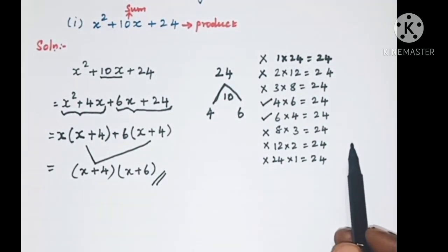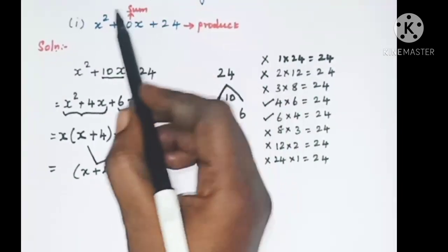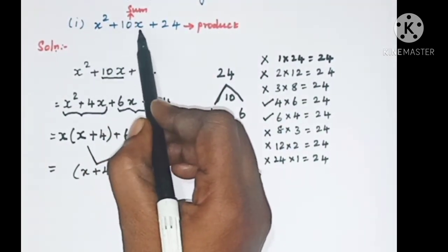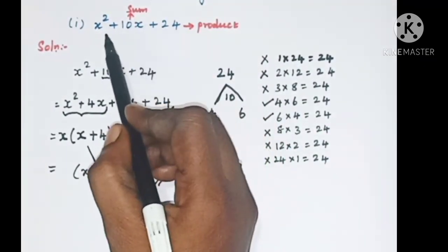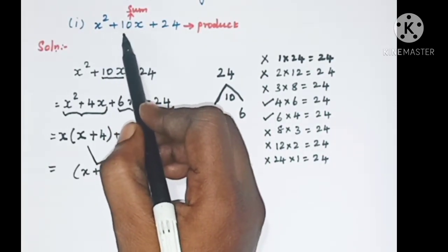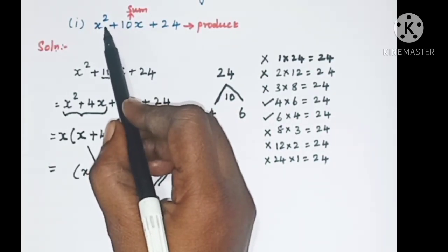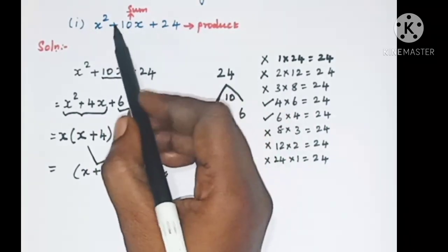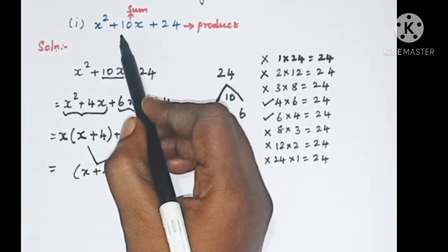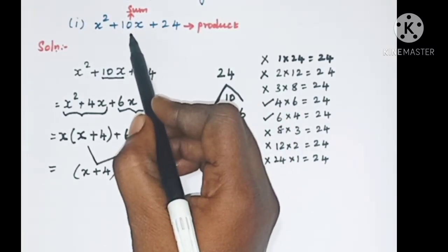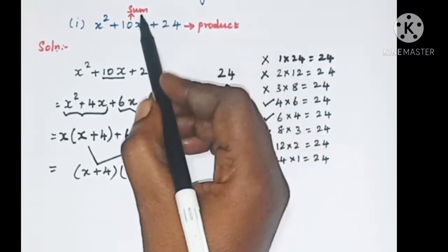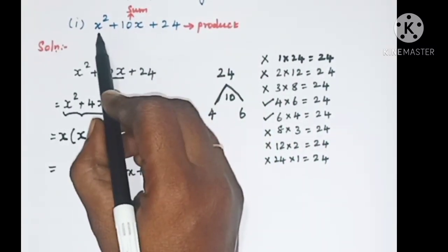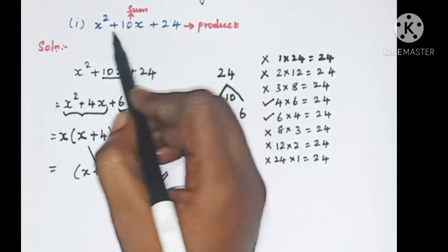I repeat it once again. We have to factorize this quadratic equation. We say this is a quadratic equation because it has degree 2. We can solve this quadratic equation by the splitting the middle term method. Now we have 3 terms in this equation.